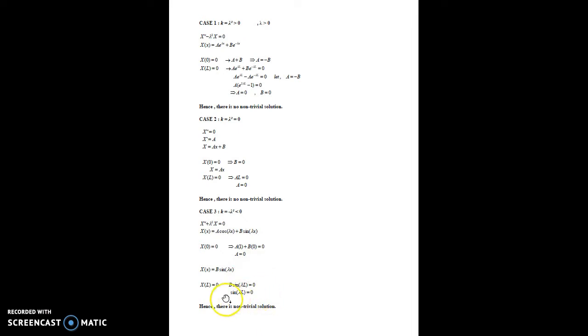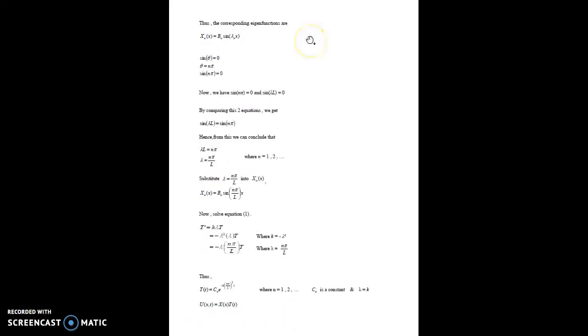And let X(L) equal 0 and when we solve this we will get sin lambda L equals 0. Hence, there is a non-trivial solution for case 3. Thus, the corresponding eigenfunctions for this problem are X_n(x) equals b_n sin lambda_n x.